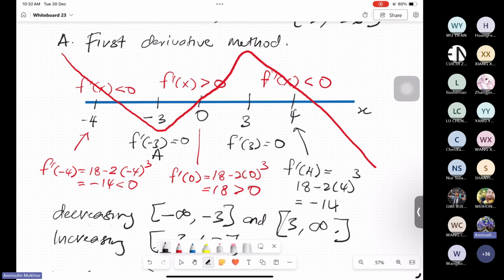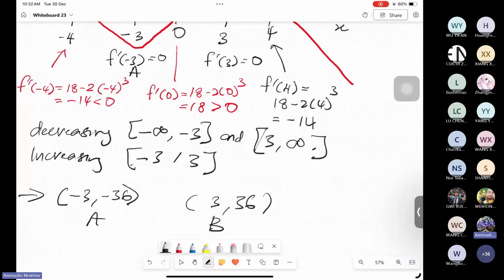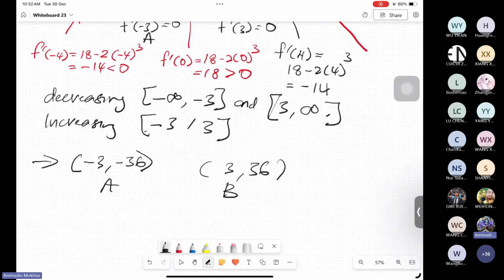Before negative 3, the slope is negative. After negative 3, the slope is positive. The slope changes from negative to positive, so A is a minimum relative point.